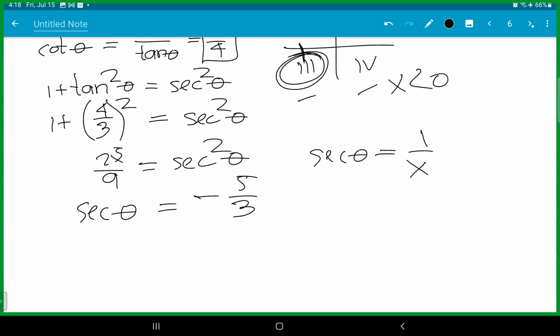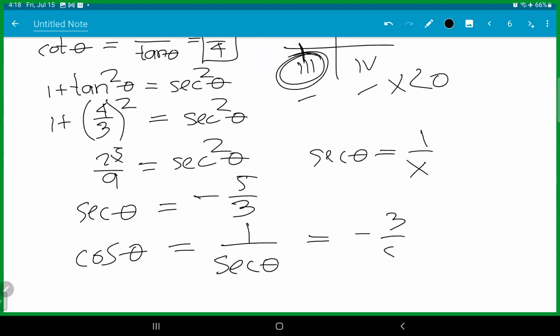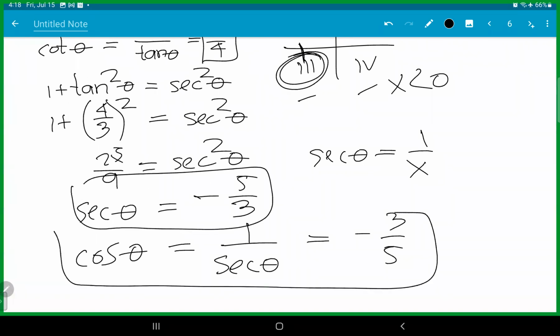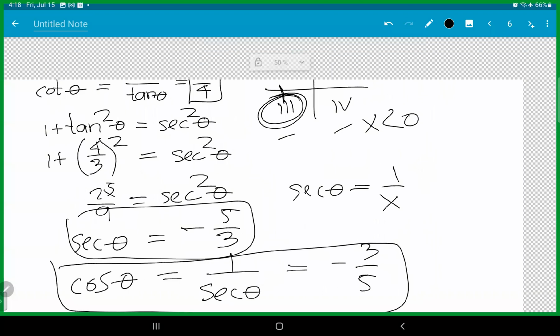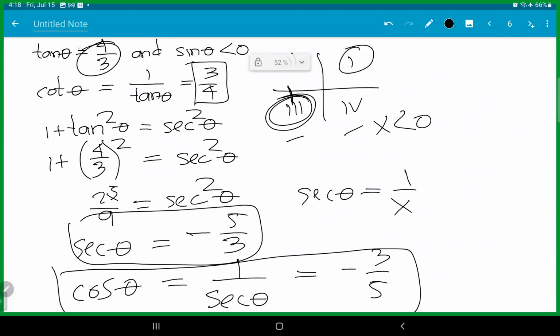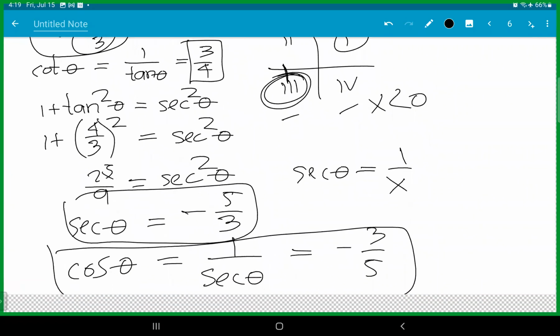So ano na lang, reciprocal ng secant, cosine theta. Ilan na? 1, 2, then we got 3, 4, isa na lang, 2 more.